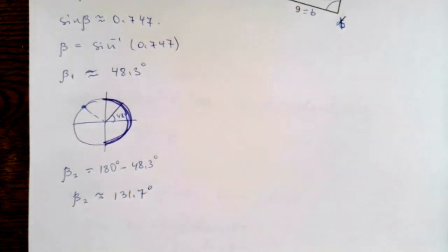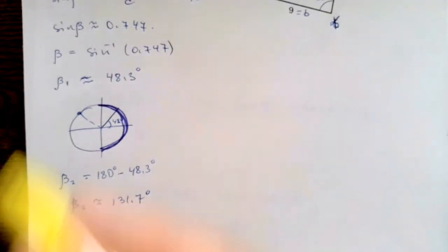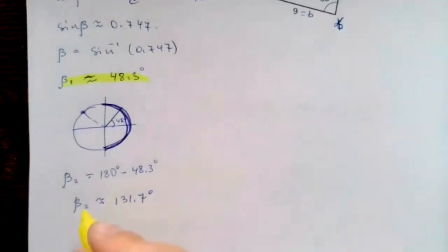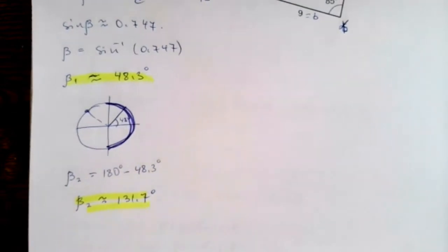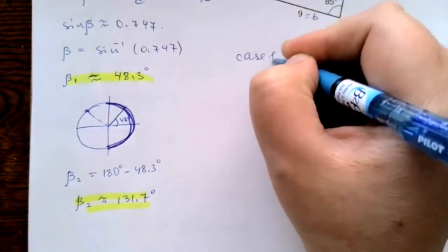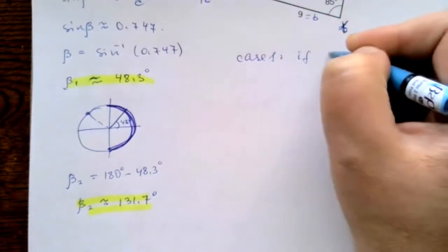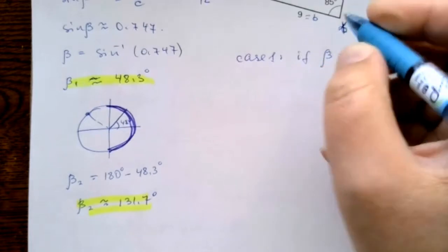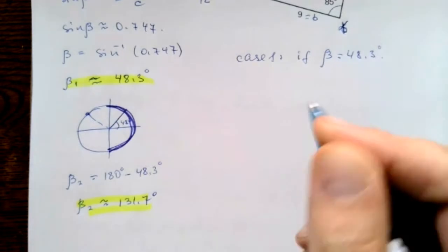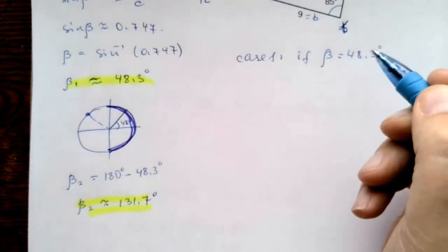Okay, so we have two possibilities for our beta, which means we have to check both. So we're gonna have case 1 and case 2.